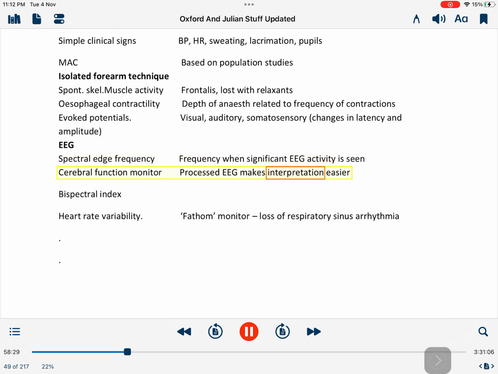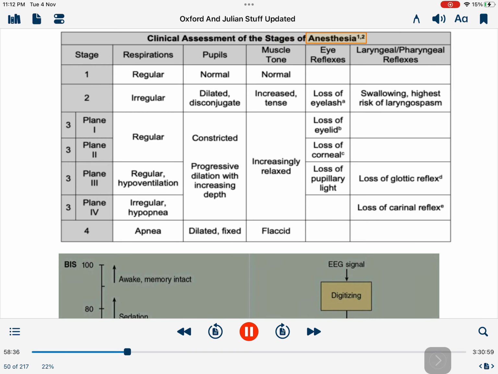Processed EEG makes interpretation easier. Fathom monitor, loss of respiratory sinus arrhythmia, clinical assessment of the stages of anesthesia.